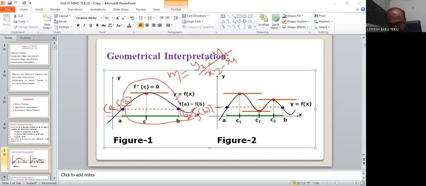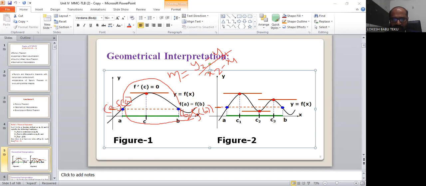Since f of A equals f of B, with x1 y1 and x2 y2, substitute in this. So y2 minus y1, y2 is f of B and y1 is also f of B, because f of A equals f of B, right? Did you understand?